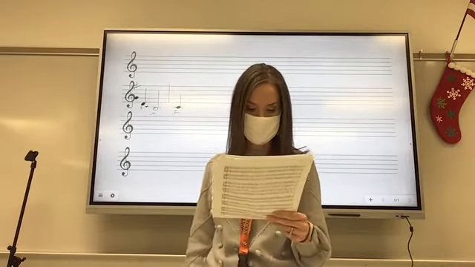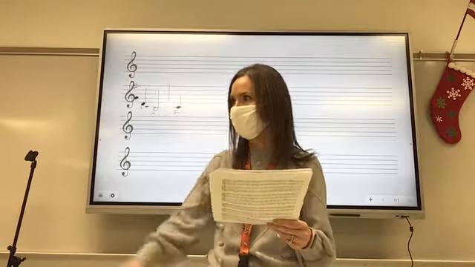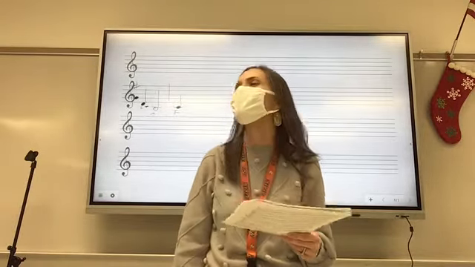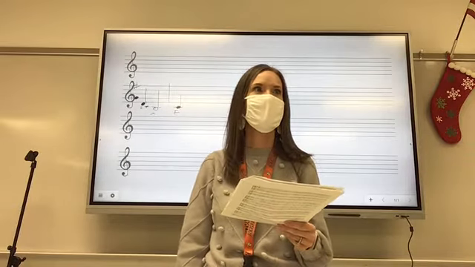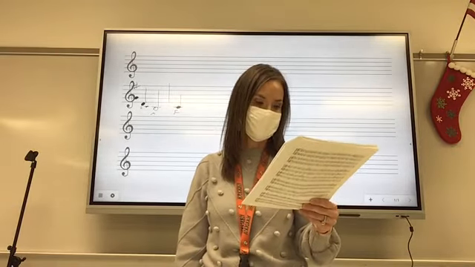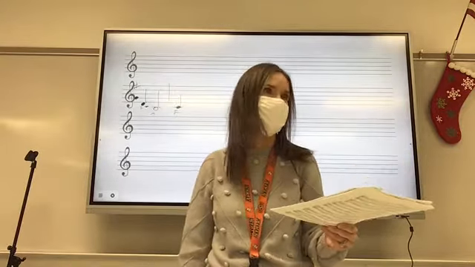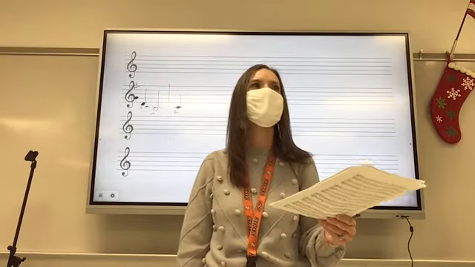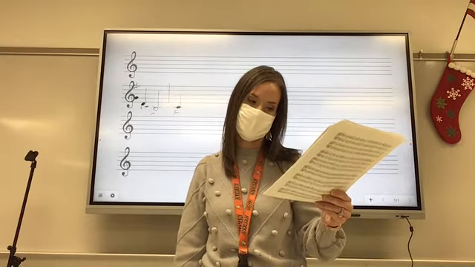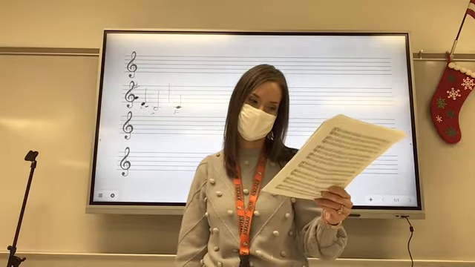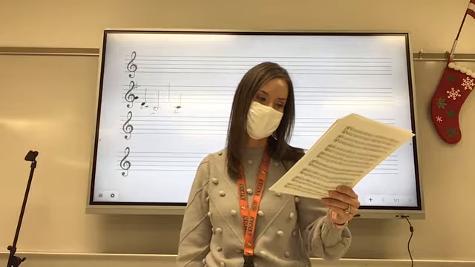Where is our first skip in the second line? Look at your music. Where is the first skip? Yes, ma'am, Macy. It's in the second measure, from me to do. From me to do. In the second measure. Are you looking on the second line?